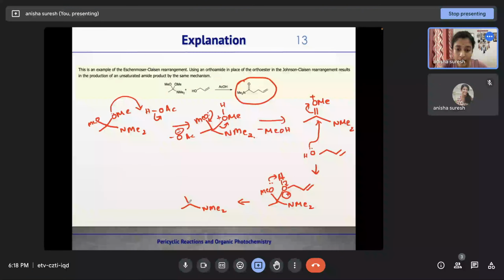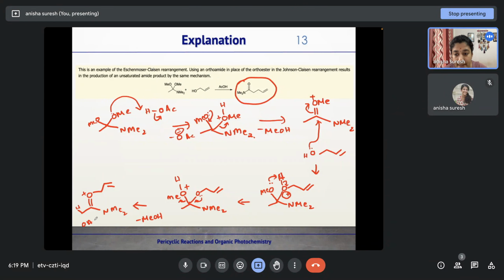NMe2, OMe, H plus, O allyl. Now this lone pair will fall here. Methanol will be eliminated. NMe2 double bond O plus. Now this is the acidic proton.